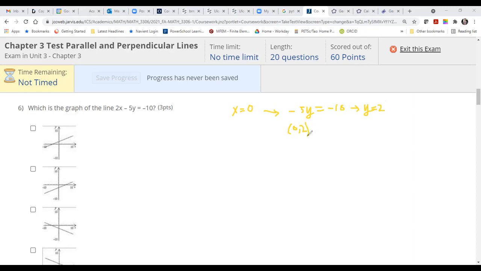Okay. So you can do this, or you can change this to slope form, right? So if you change to slope form, you will have negative 5y equal to, if you move this to the right, this becomes positive, and then move this to the left, so it becomes 2x plus 10, right?